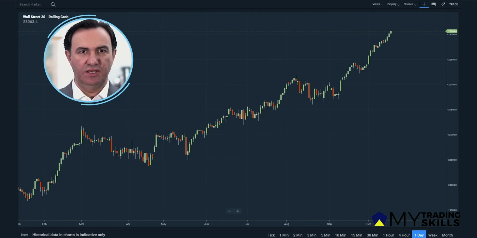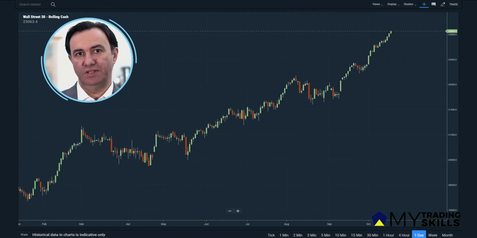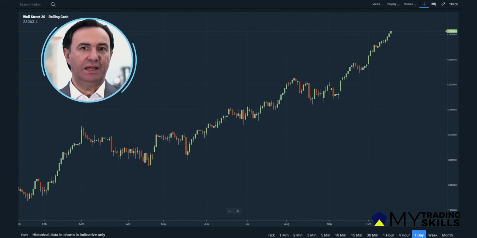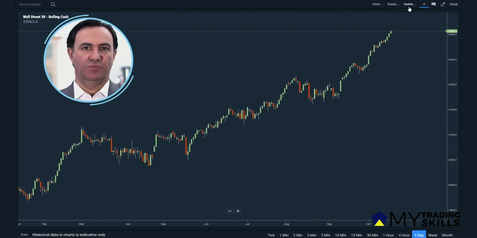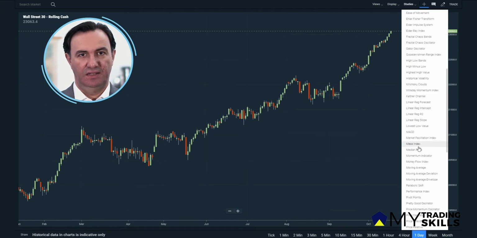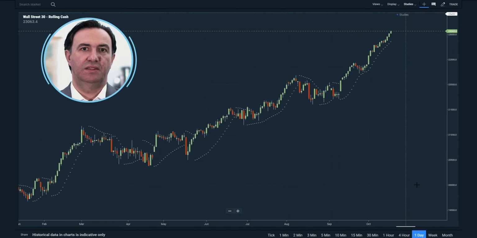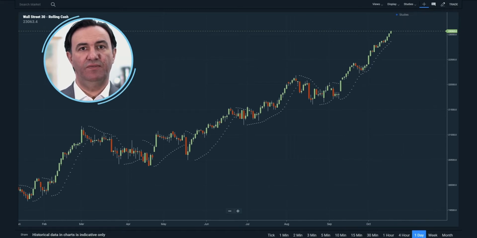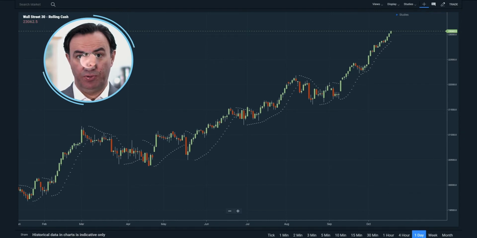Okay, let's pull up a chart of the Wall Street 30, the alternative name given to the Dow Jones Industrial Average. To add Parabolic SAR to a chart, we select Studies, scroll down and then find the indicator. You should notice that the SAR's data points have appeared on the chart, above and below the price.